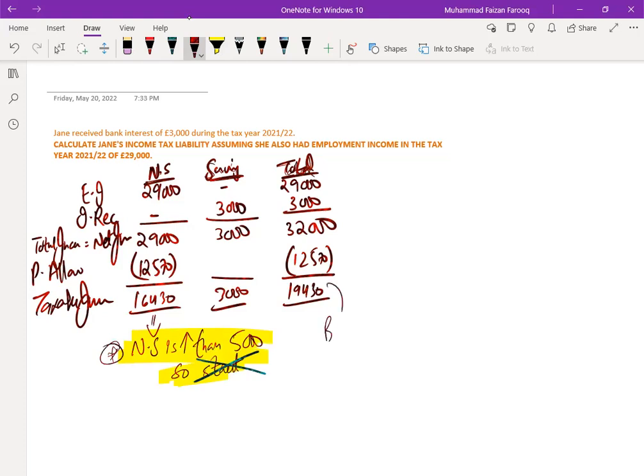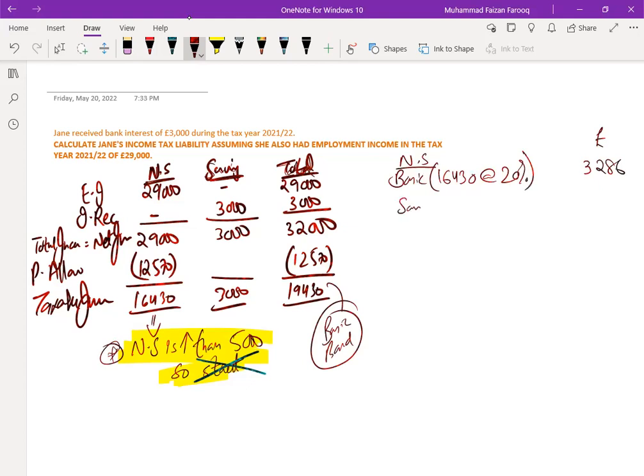The person is a basic band taxpayer because his income is below 37,700. Applying the tax on non-savings, 16,430 at 20% is 3,286.